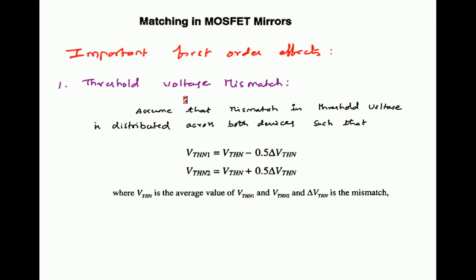This mismatch is distributed equally across both devices, such that Vt1 is equal to Vtn minus 0.5 delta Vt, and Vt2 is equal to Vtn plus 0.5 delta Vt, where Vtn is the average value of Vt1 and Vt2 and delta Vt is the mismatch. So the threshold voltage mismatch is equally distributed towards the M1 and M2 transistors, and the maximum mismatch is delta Vt.